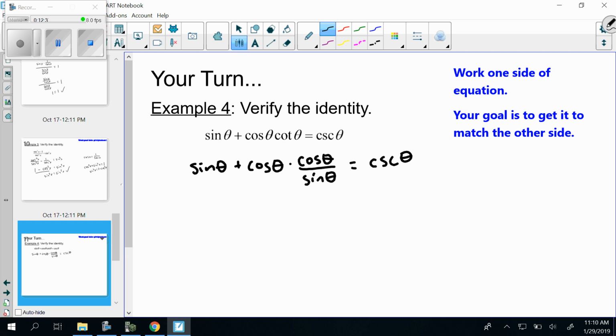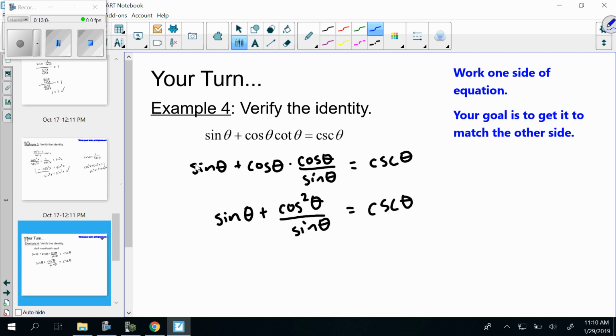All right, well, what do we do on this one? Well, let's combine the stuff we've got here. That's sine theta plus cosine times cosine, which would be cosine squared theta, over sine theta. All right, what can we do here now? Well, we have to go from two things down to 1, so it'd probably be best if we combine this into one fraction.